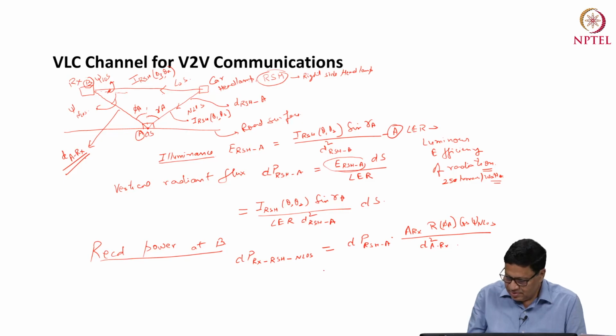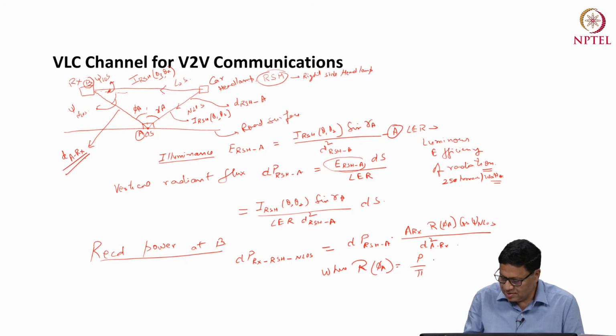So where this R phi A, as we have discussed earlier, is rho over pi cos phi A because of the scattering. So this is how we had modeled.